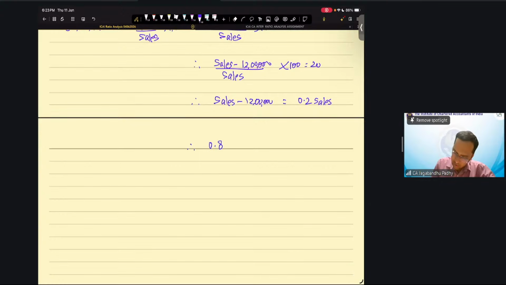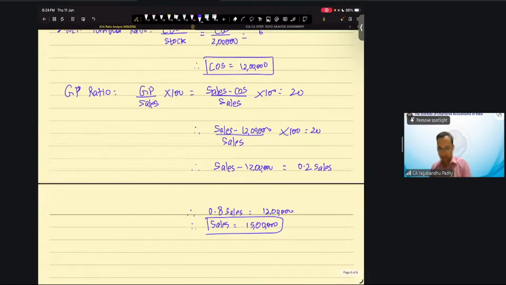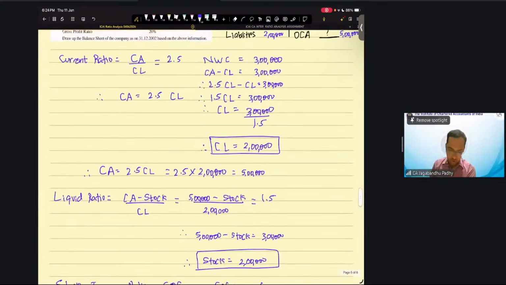Therefore, 0.8 sales will be 12 lakh, and sales will be 12 lakh divided by 0.8, which is 15 lakhs. So sales amounts to a total of 15 lakhs. Okay, we got the sales value.